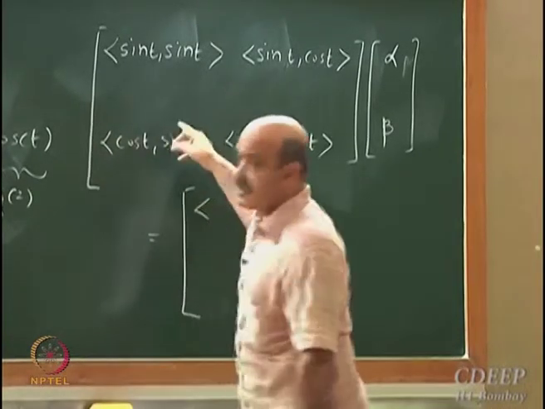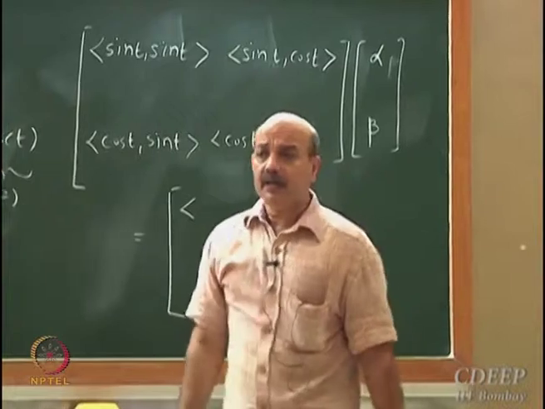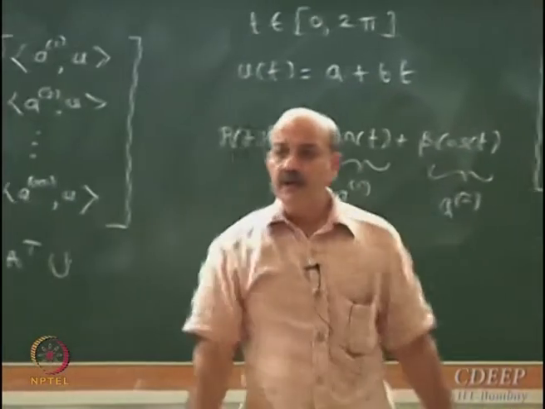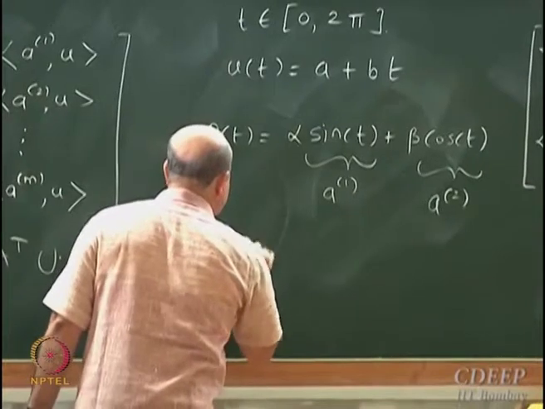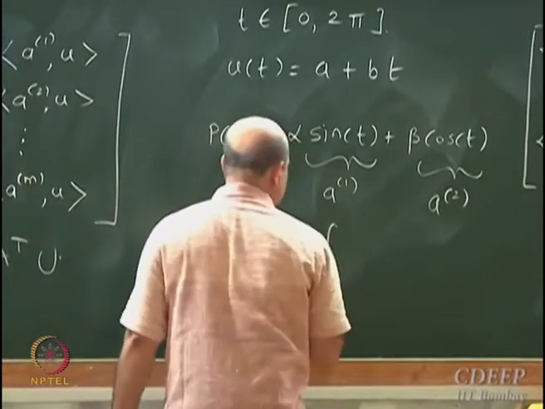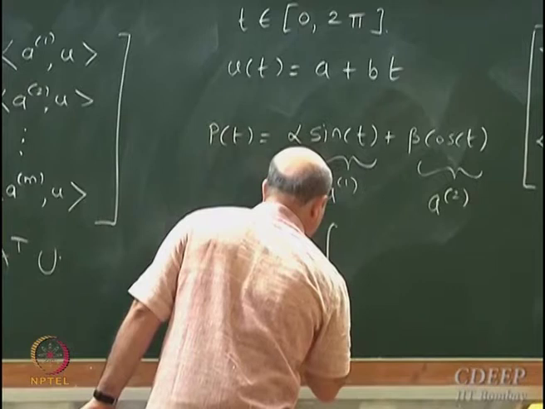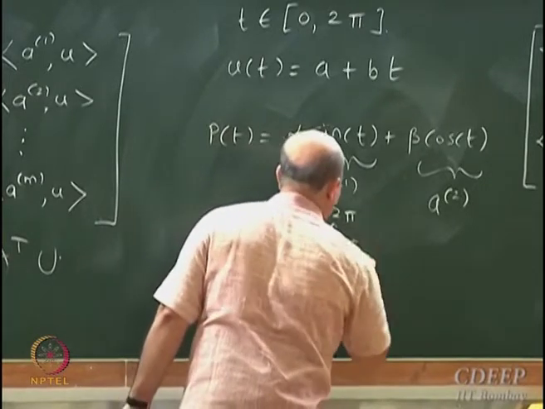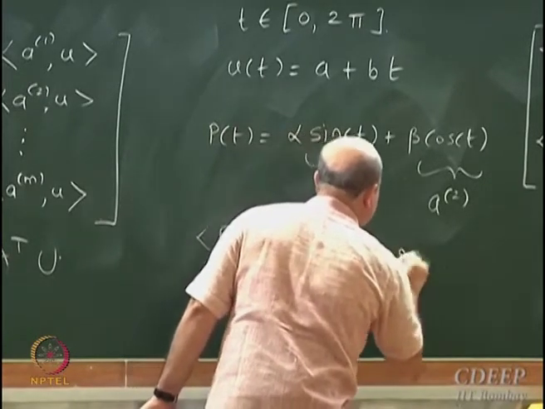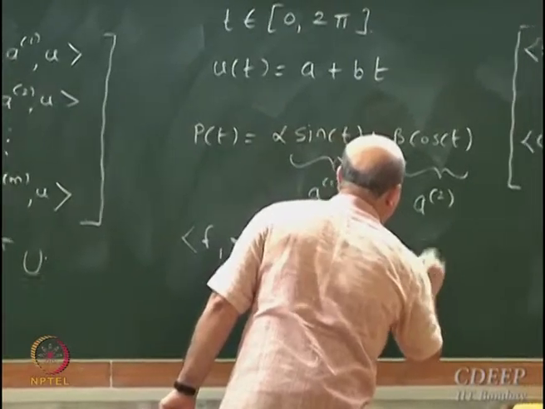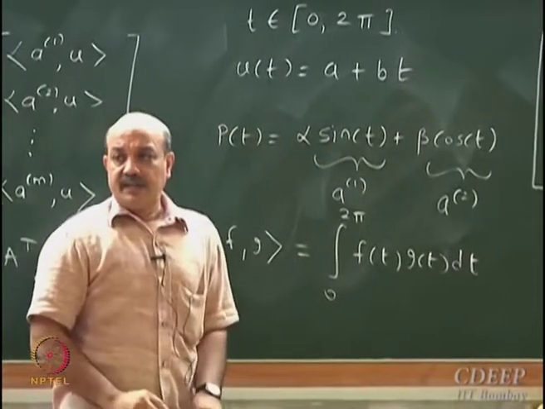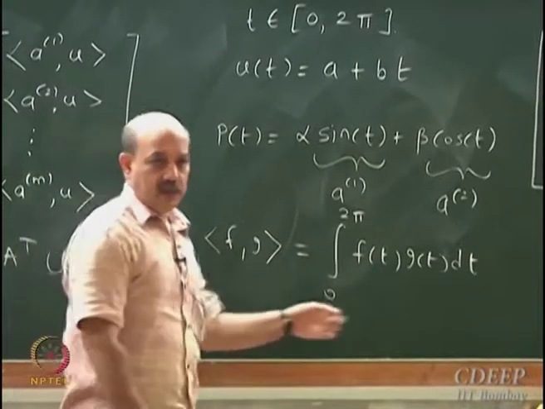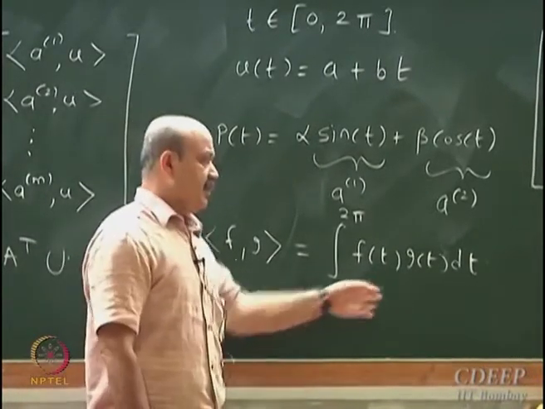Can you do these integrals? What is the inner product defined here? The inner product between some f and g is the integral from 0 to 2 pi of f(t) g(t). The inner product is defined here like this.